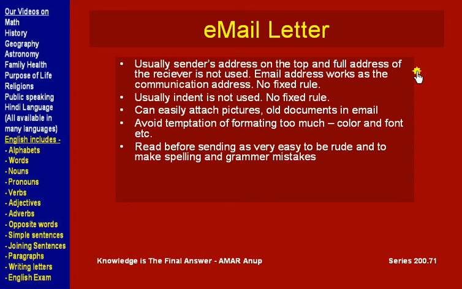Another thing is that it's easy to check for spelling mistakes or grammar mistakes in the email letter, but as I said earlier, be very careful making the computer in charge of making those changes because sometimes the computers can totally change the meaning of your letter. To give you an example, in some countries the word honor is spelled as H-O-N-O-U-R.